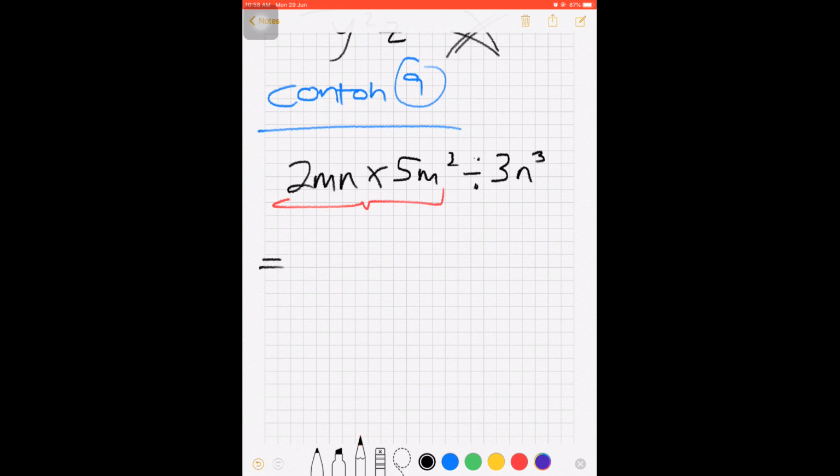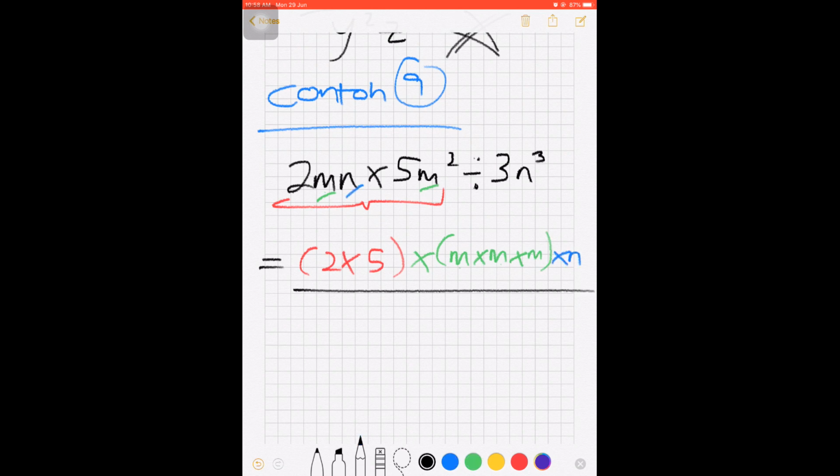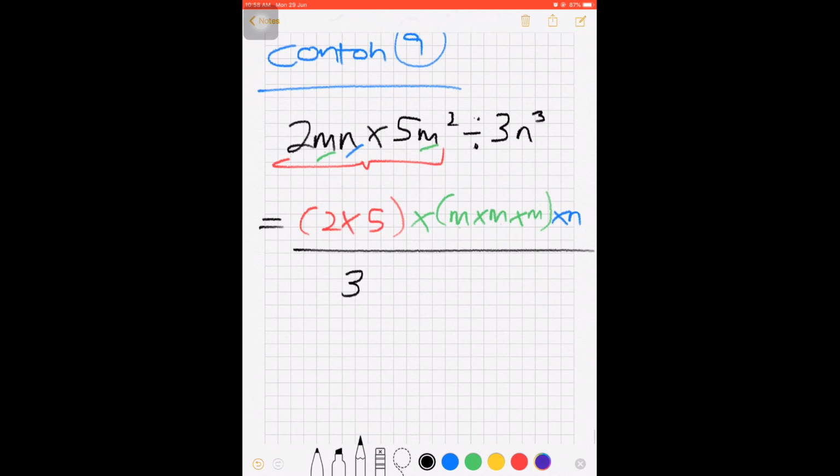Okay. So let's do 2 times 5 times m. Okay. M darab m, so 1, 2 here. So 1, 2, 3. And then darab n. Satu je. Over 3.